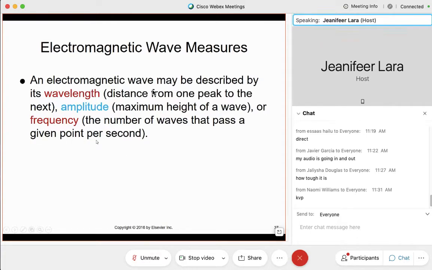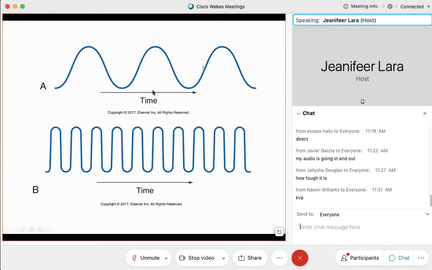Second is the unit of time. Wavelength and frequency determine what type of wave strength or energy we're looking at.